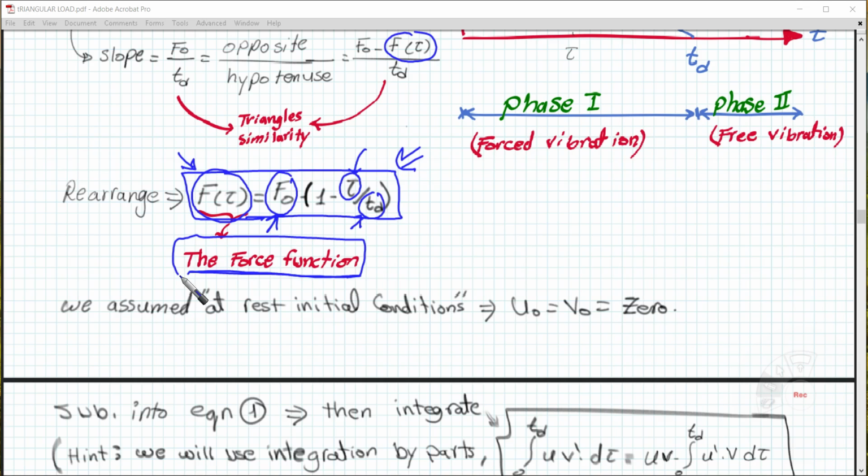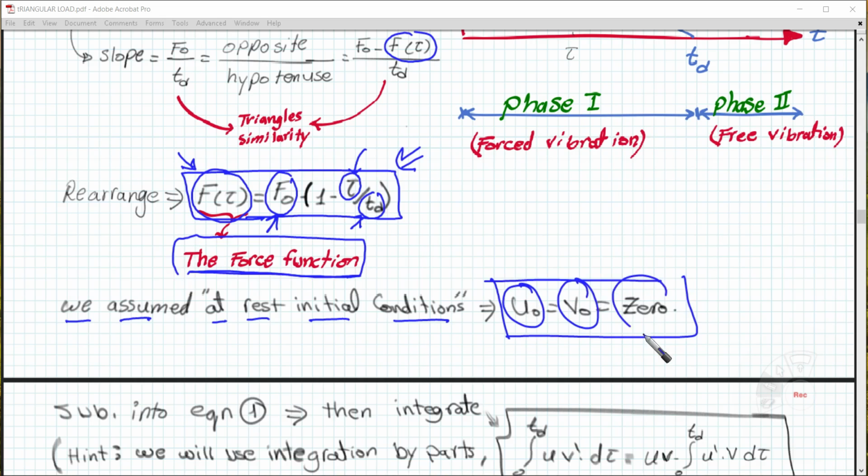And in the beginning we assumed at rest initial conditions, meaning u node equals v node equals 0. So the system was at rest when we started to trigger our force.